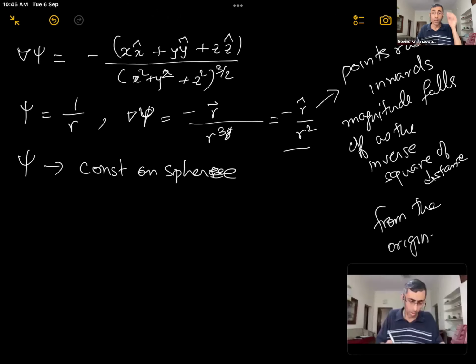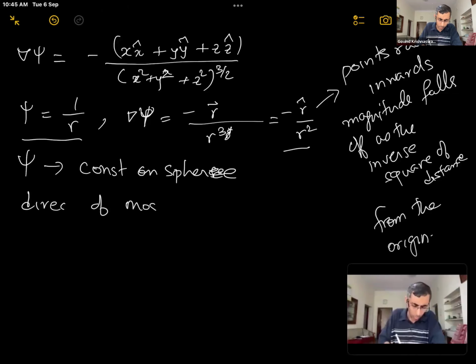Yes, indeed. So psi is constant on a sphere centered at the origin, and the size of psi decreases as you go out. So the direction of most rapid increase of psi is radially inward.